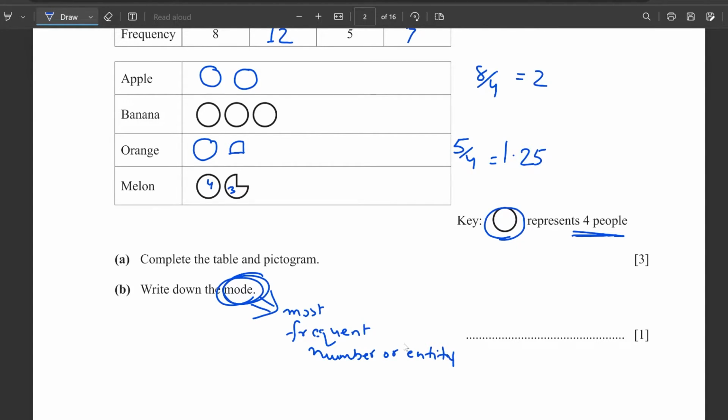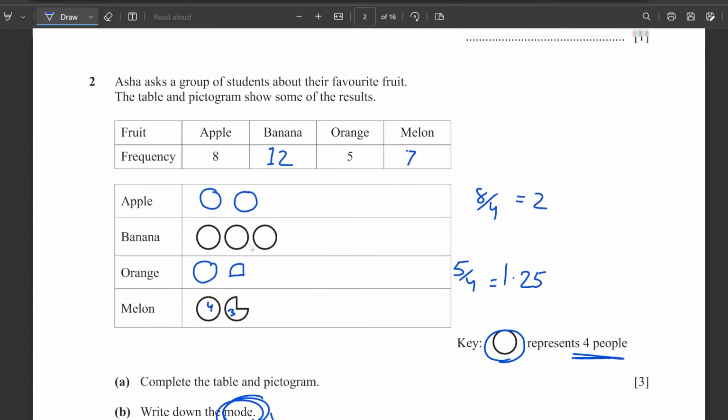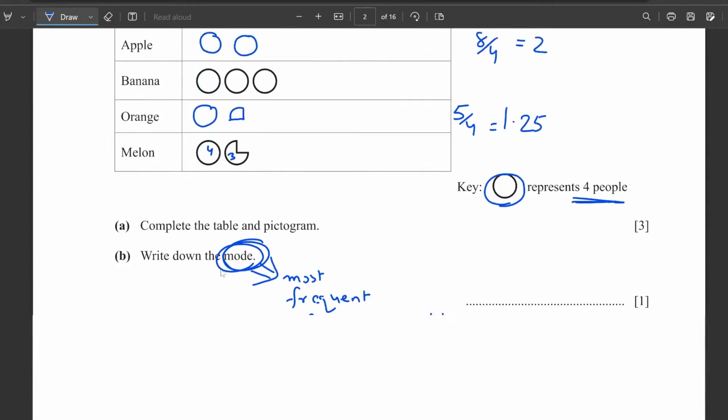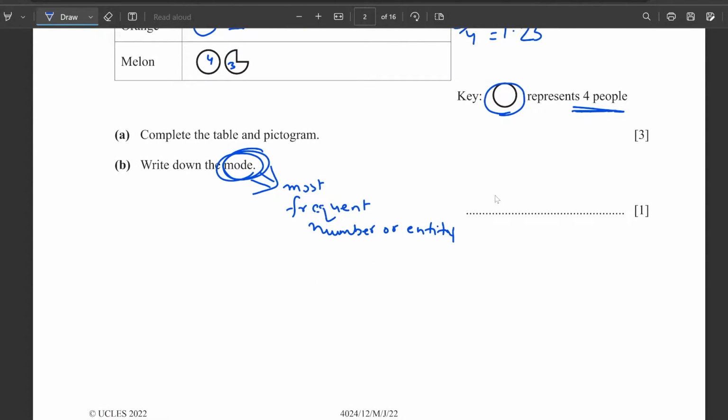What is the most frequent entity? You can check over here. So 12 bananas. So the mode of the fruit would be banana. Simple as that.